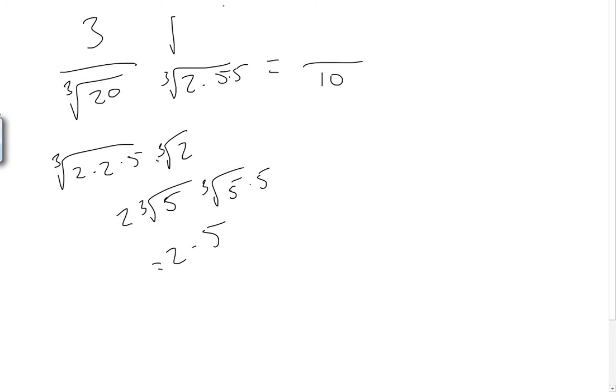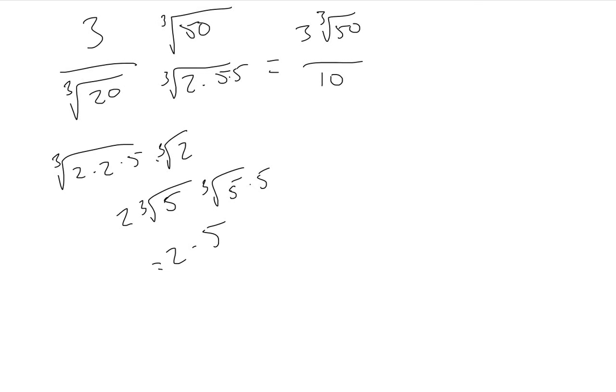But whatever I do to the bottom, I have to do to the top. 2 times 5 times 5 is really a 50. So that I'm left with the cube root of 50 over 10.